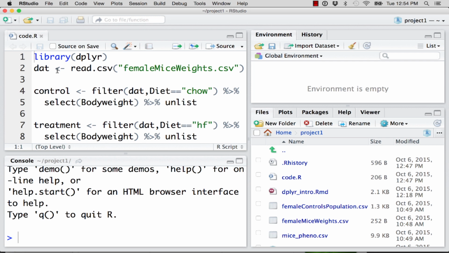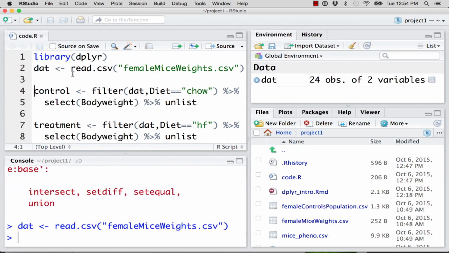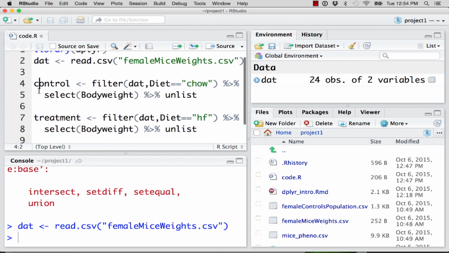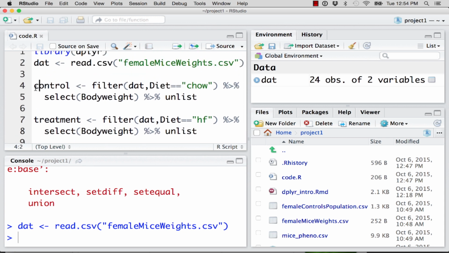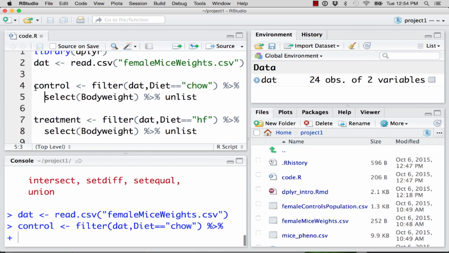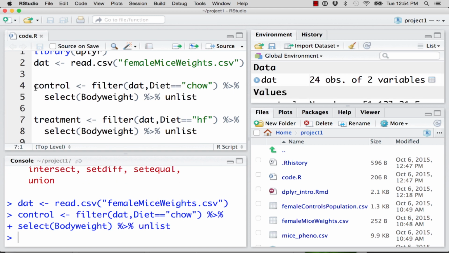So the data set that we've been looking at is, in fact, a data set from such an experiment. So we can load it. We've done this before. We can load it with the function read CSV, and then using dplyr commands, which we have seen, we can separate the control measurements from the treatment or the high-fat diet measurements.